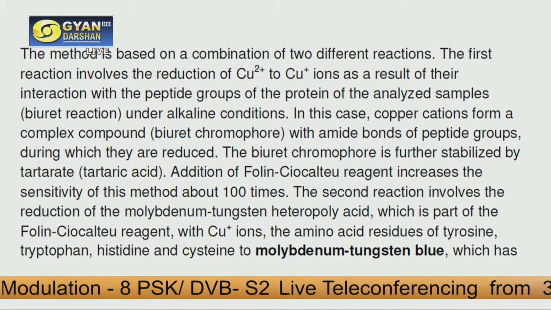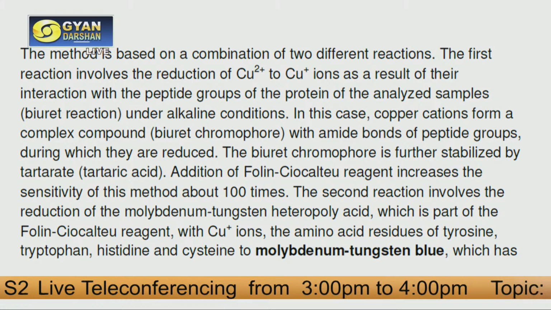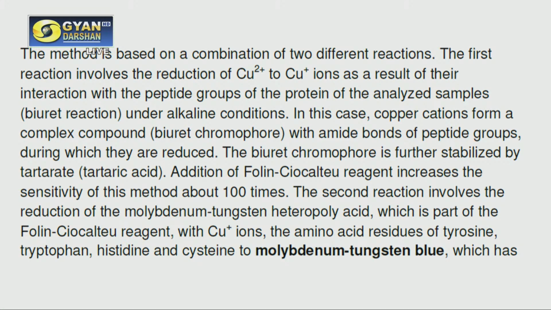So that is in short about the estimation of the protein. And once more, if we just go through the basic reaction, that is reduction of Cu2+ to Cu+ ions as a result of interaction with the peptide group of the protein of the analyzed samples under alkaline condition. Copper cations form a complex compound with amide bonds of peptide groups during which they are reduced.